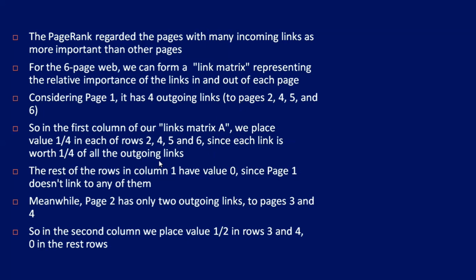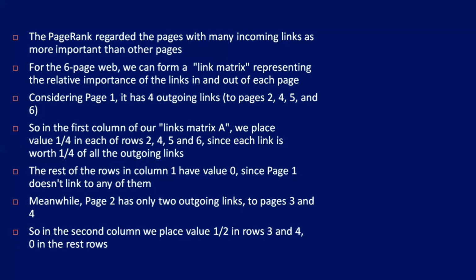So the total is 4. We write row 2 for page 2, row 4 for page 4, and row 5 for page 5, and in all these rows we write 1/4 as outgoing links. The rest of the rows in column 1 have 0 values, because apart from pages 2, 4, 5 and 6, page 1 has no outgoing link.